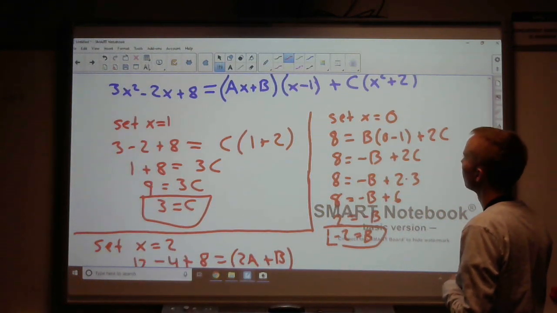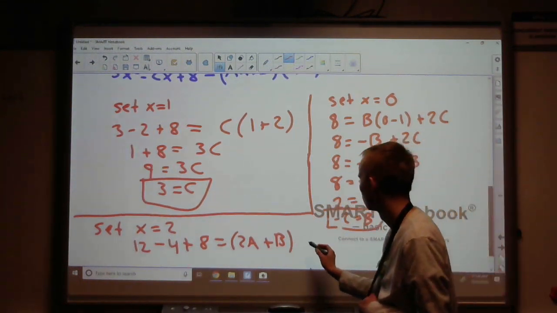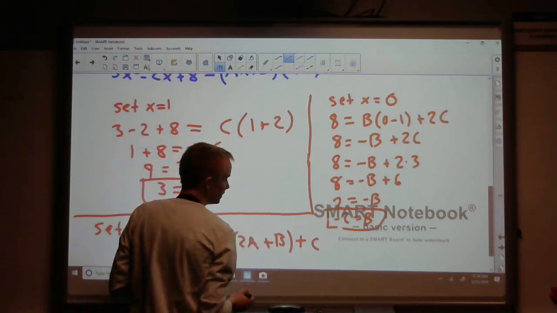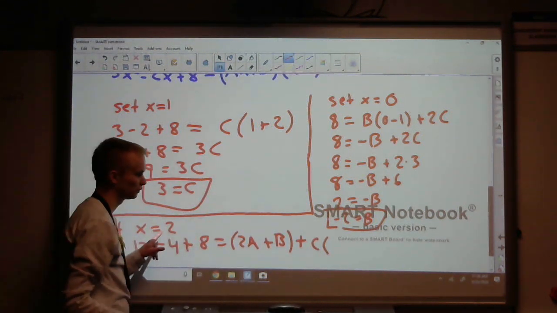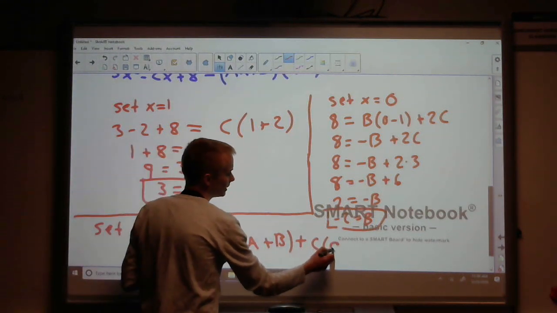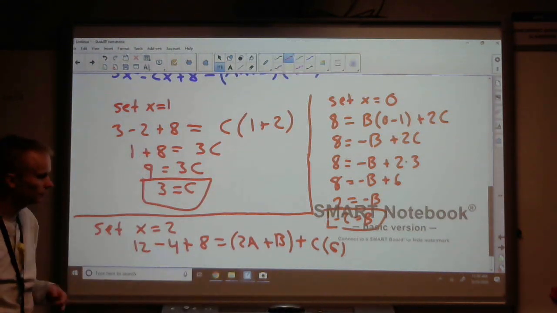And plus c times x squared plus 2. So x is 2, so that's 4, plus 2 is 6.